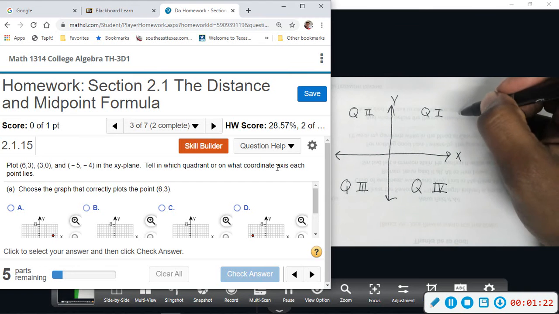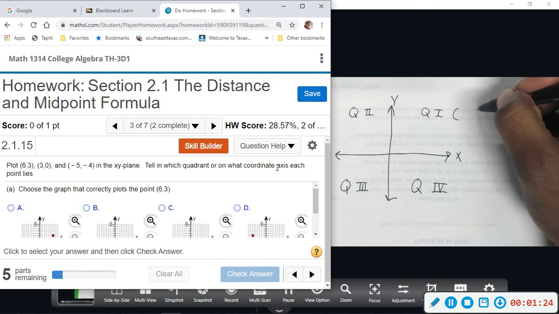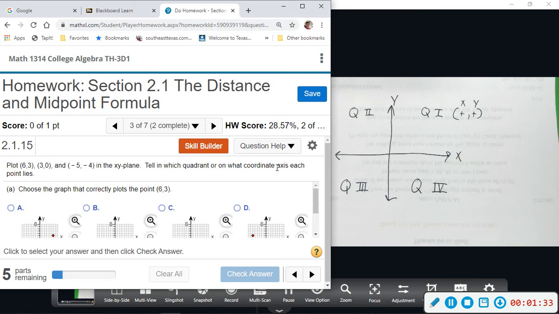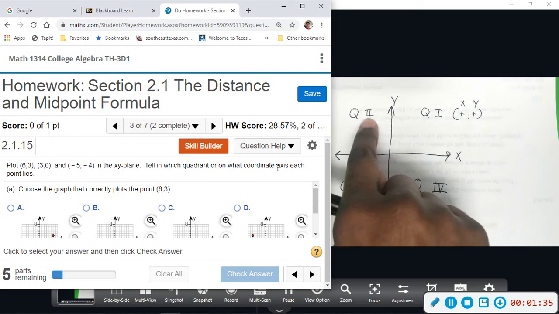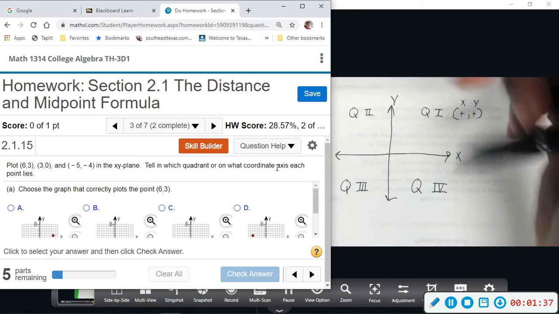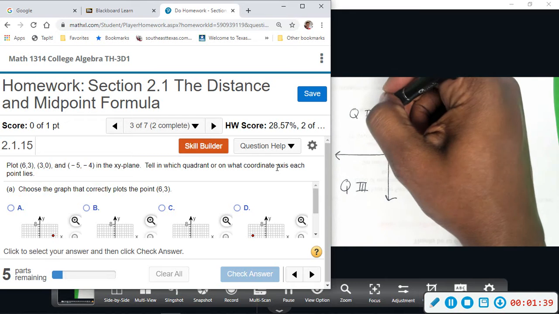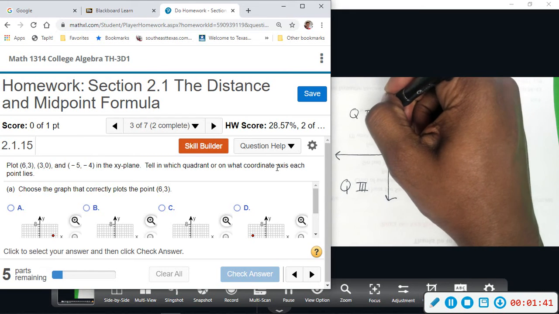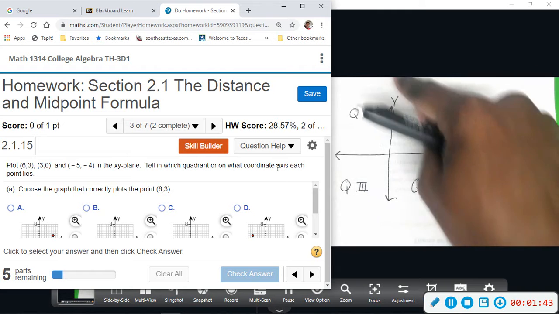In quadrant 1, X and Y are both positive. Ordered pair goes X, Y in alphabetical order. Helps you remember. Quadrant 2, we're on the left-hand side, so this is negative. The X coordinate is negative. The Y is still positive, meaning that it's above 0.